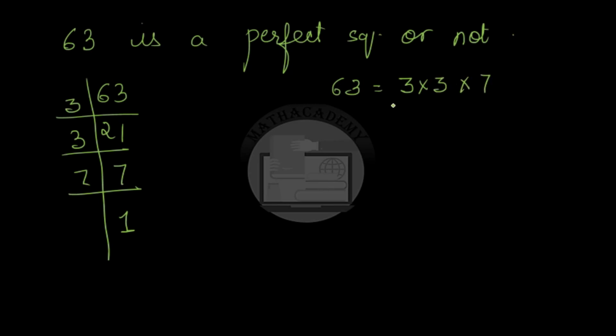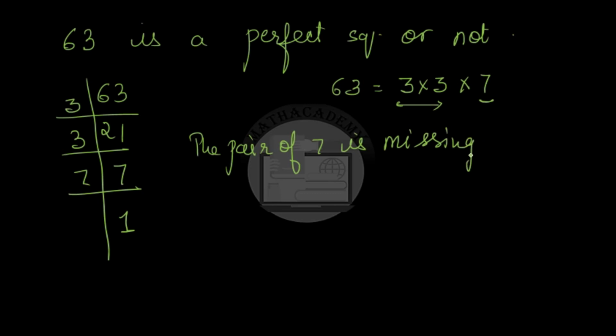Let's try to form the pairs. We have one pair of 3, and the factor 7 does not have a pair. The pair of 7 is missing. If all the prime factors do not come in pairs, then that number is not a perfect square number. So 63 is not a perfect square number because the pair of 7 is missing.